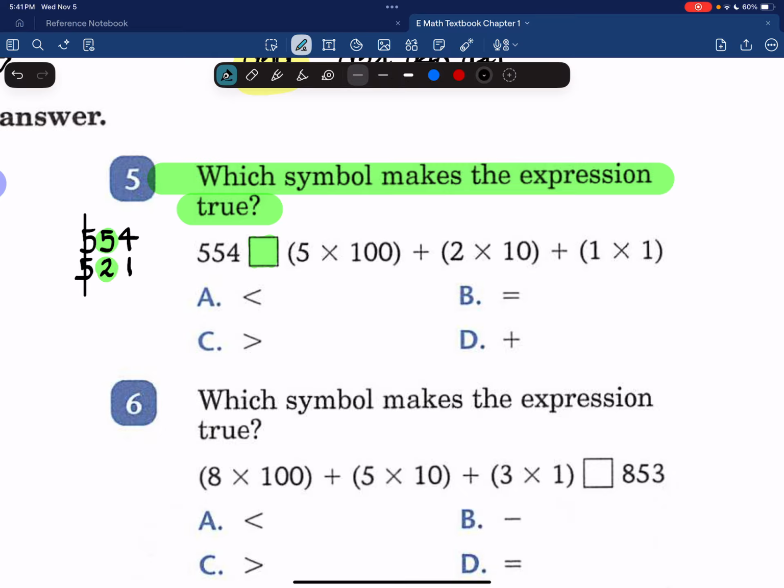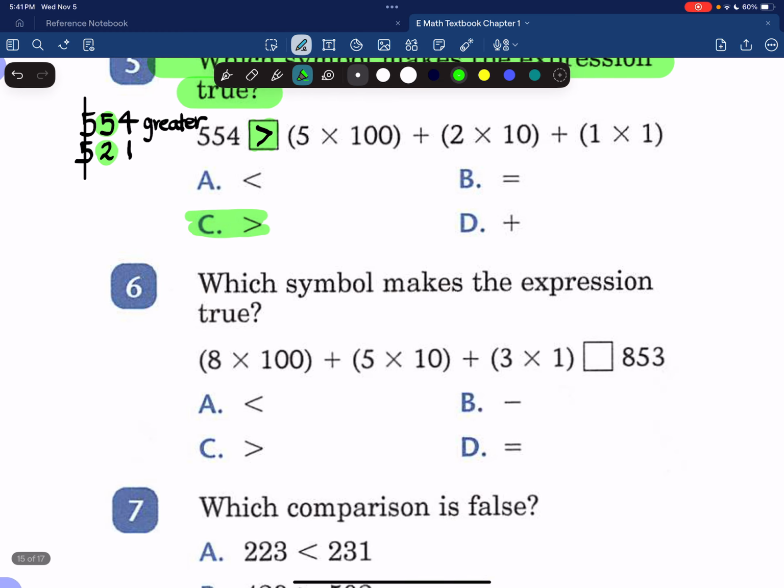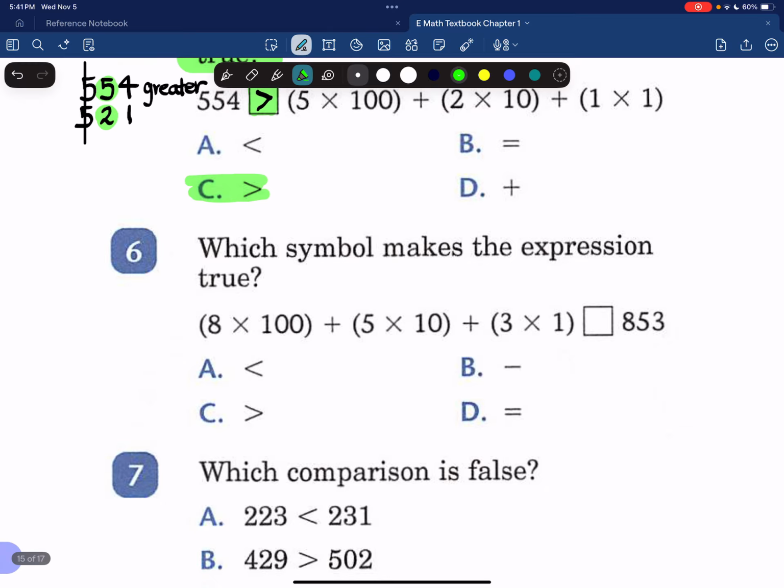So this time, this number is greater than the other one. So it would be this symbol, and I'm liking answer C on this one, greater than. Don't let that expanded notation get you rattled. It looks different, I will agree, but you can do it.